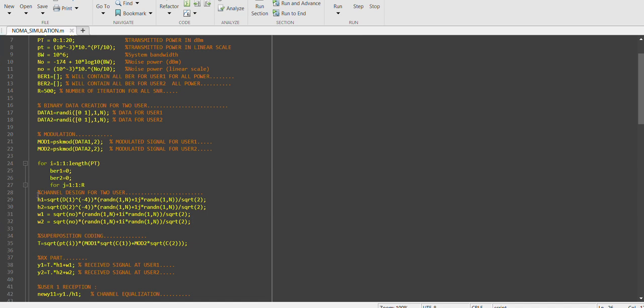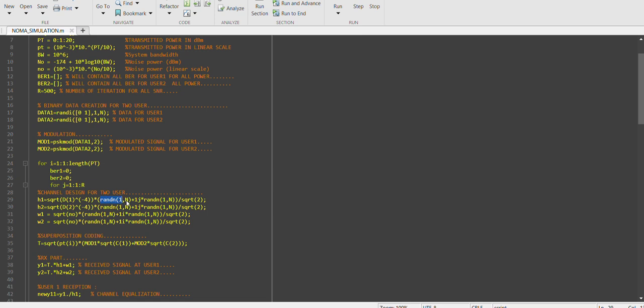So here you can see H1 is the channel coefficient matrix for user 1: square root of distance, whole to the power minus 4. Here 4 is my path loss coefficient, and I am calculating the channel coefficient of user 1, so D1 is the distance of user 1.